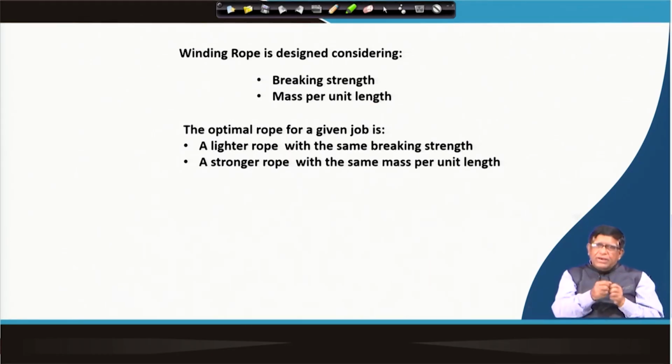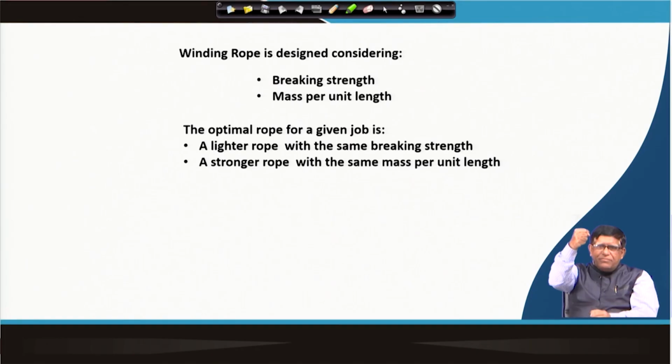Now, with a particular diameter, you cannot make it up to any length, because after a certain length, if you hang a rope, the rope's weight will be coming over there.